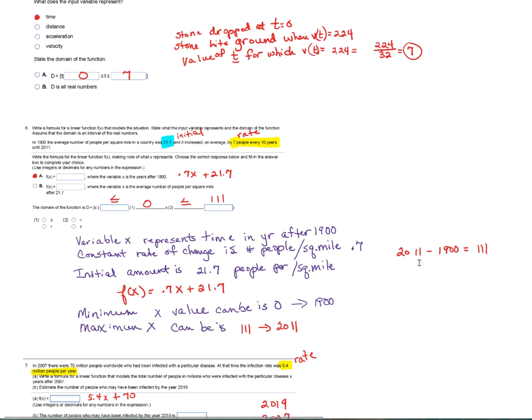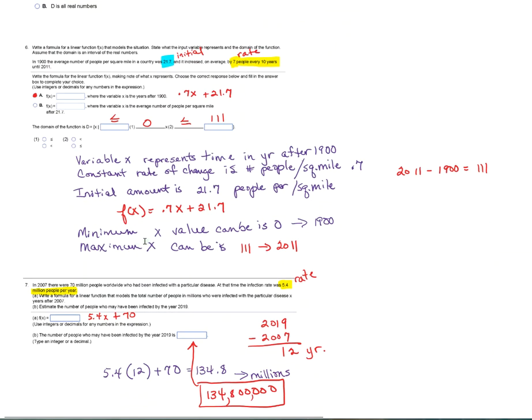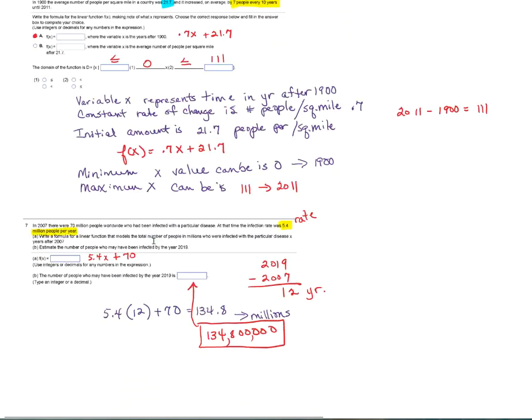But how many years is it from 2011 to 1900? If you subtract that, you get 111. So x needs to fall between 0 and 111. Okay? All right. And then, I think, is that all we were asked to find? I think that was it on that one.